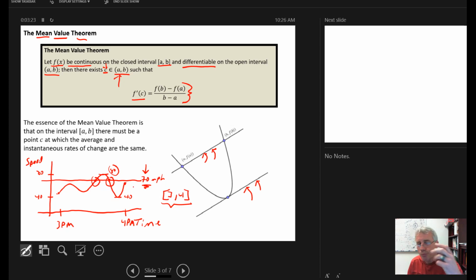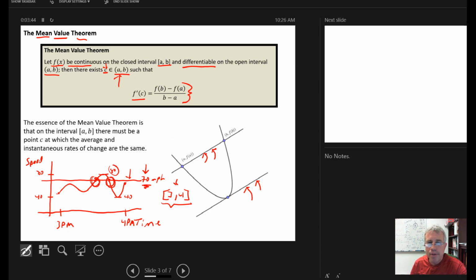So the mean value theorem just identifies that as long as you have a continuous differentiable function over a time interval, your average speed, this flat line here, has to match your instantaneous speed at least once, and it may happen lots of times.